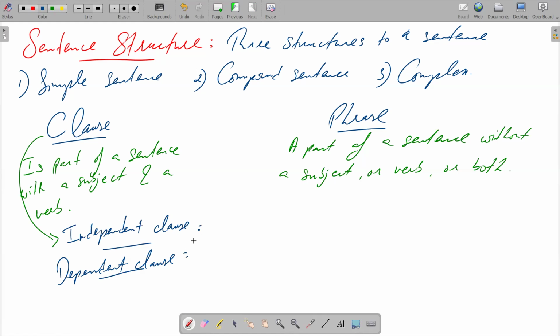And so what does that mean? Right, so a clause is a part of a sentence with a subject and a verb. An independent clause gives complete meaning, right? So it is part of a sentence with a subject and a verb, and it's giving you complete meaning, right? Which means it is a complete sentence.